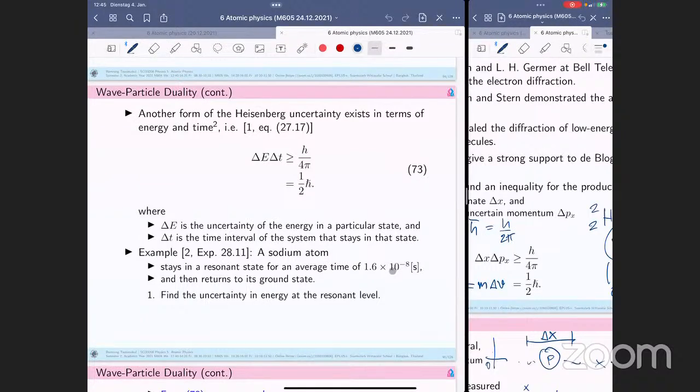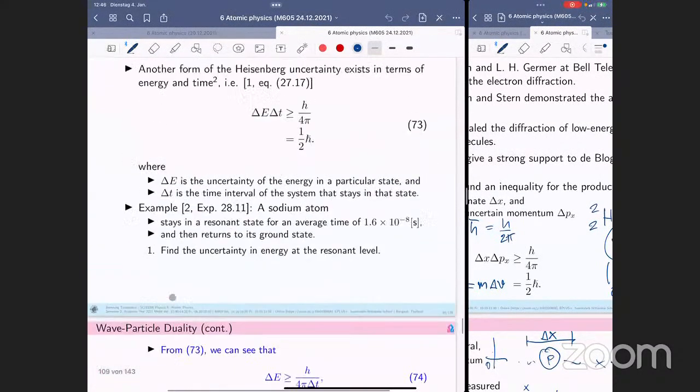Yeah, it's in the resonant state, and the time they want to consider is 1.6 × 10^-8, right, which is very tiny, around 16 nanoseconds, right, which is a very short time, and then returns to its ground state, right? The resonant state is like an excited state. Okay, you may have heard that before, the excited state.